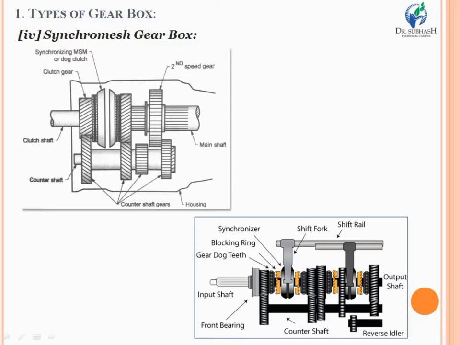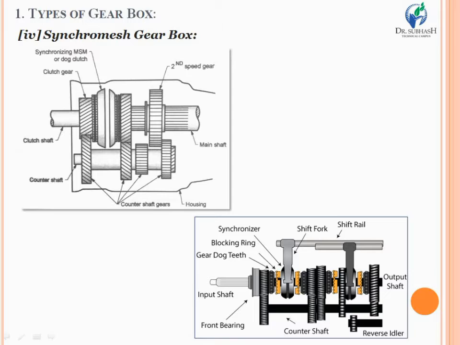But in case of constant mesh type of gearbox, all the gears that you are using for the different variation of speed and torque always remain in meshing condition with their paired gears. So we just need to select that particular pair for the required output speed as well as torque.